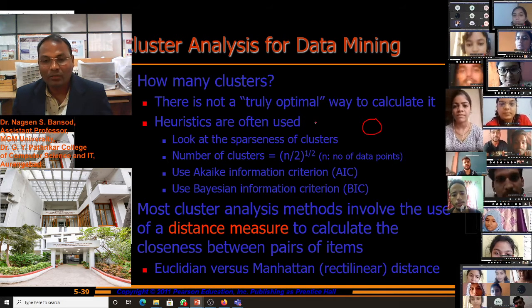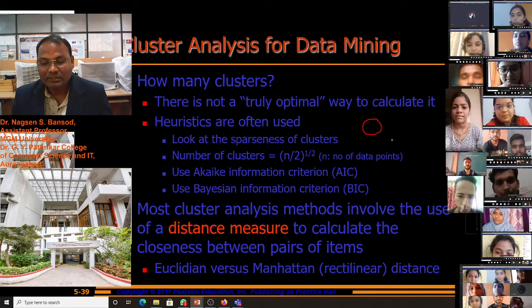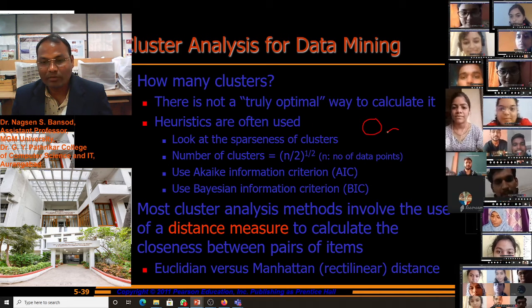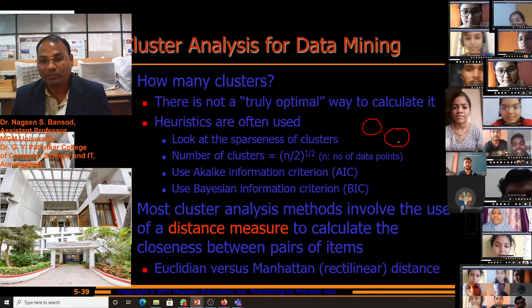If we are finding the temperature of a region, then the temperature of Aurangabad itself will vary cluster-wise.